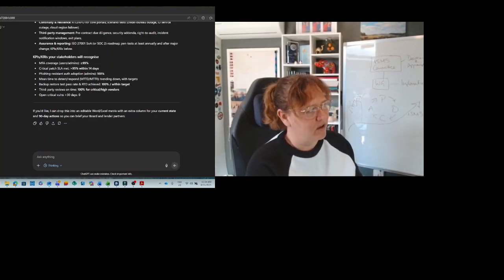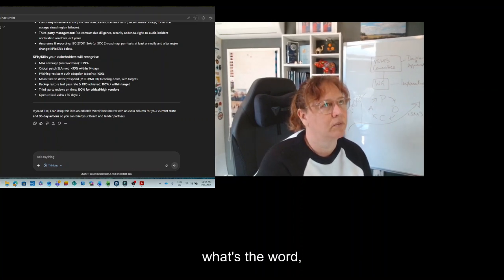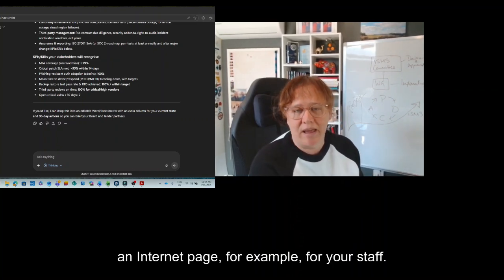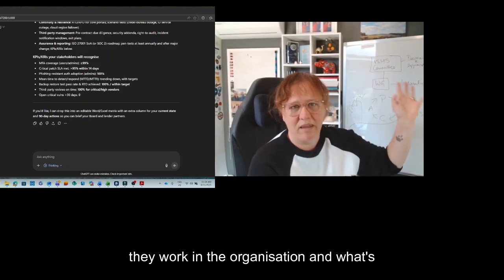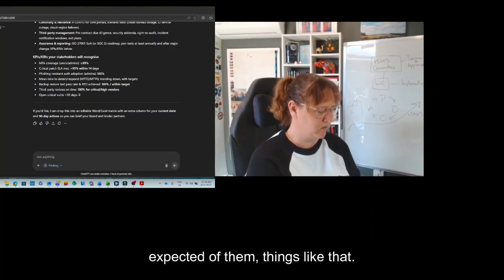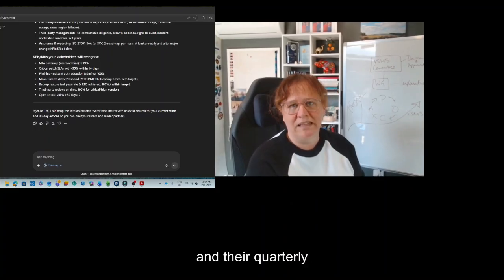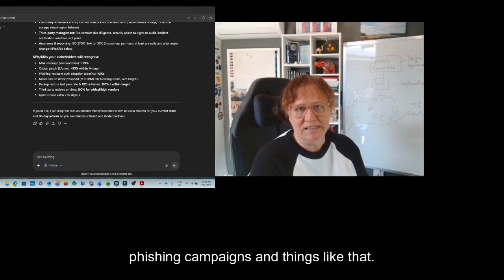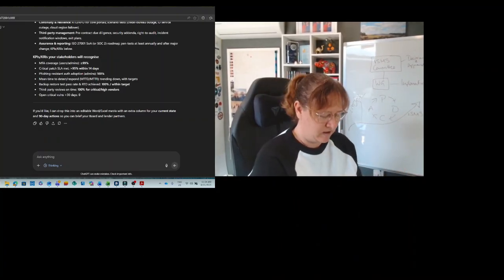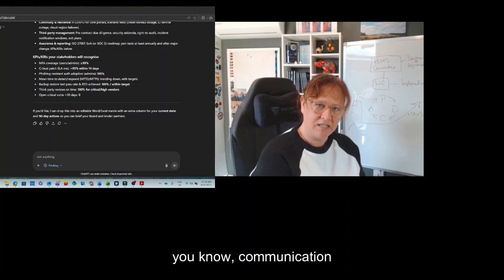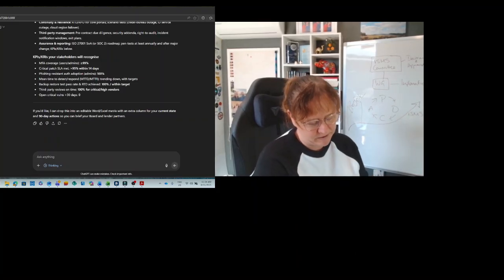You may have an intranet page, for example, for your staff, and that could be layered based on where they work in the organisation and what's expected of them. You could run quarterly phishing campaigns and things like that. It just helps us to think about communication around the ISMS and the control implementation requirements.